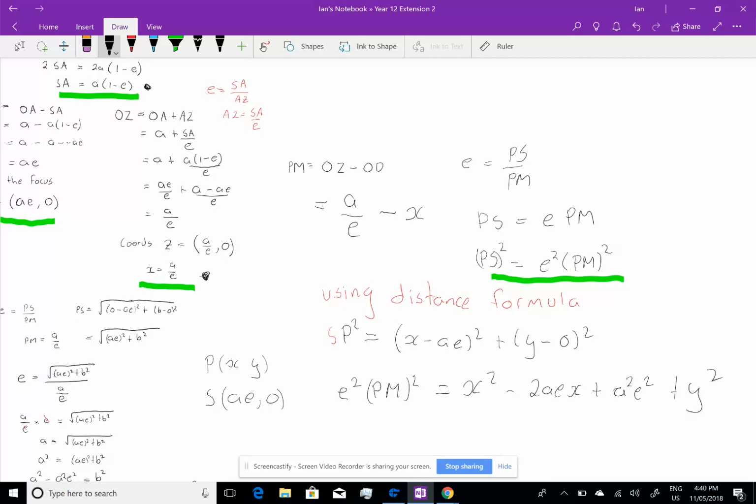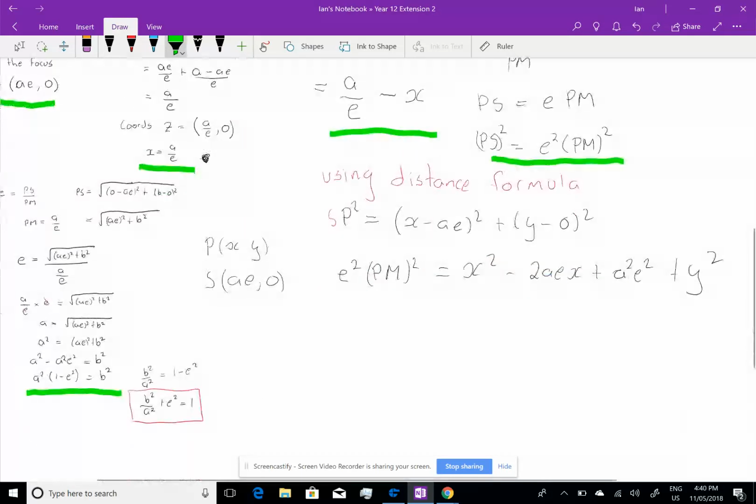We also know that PM equals that. So let's put that in. So E squared, I'm just working the left-hand side now, is A on E minus X squared equals x squared minus 2AEX plus A squared E squared plus Y squared.